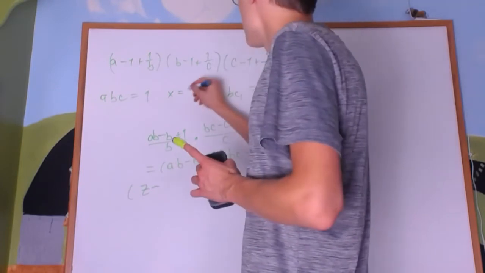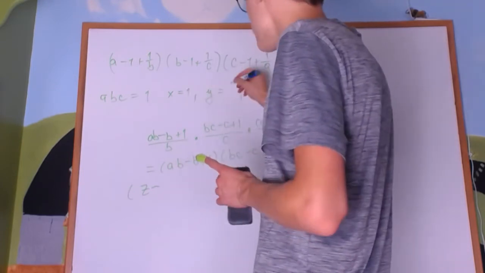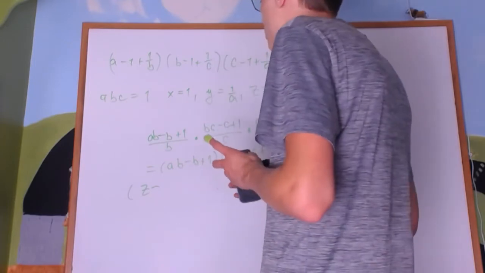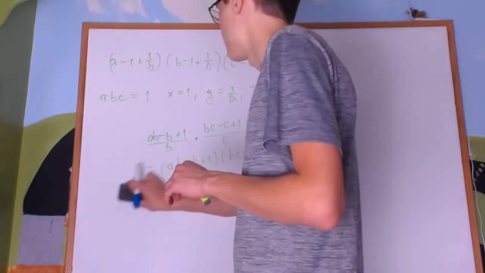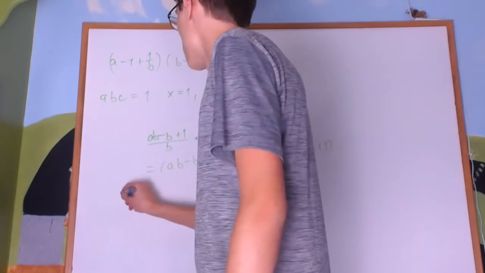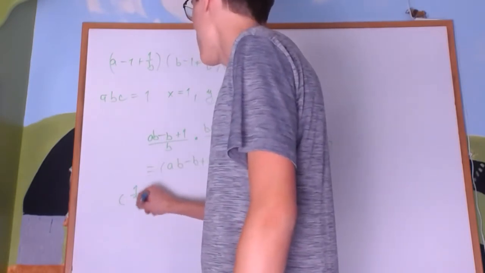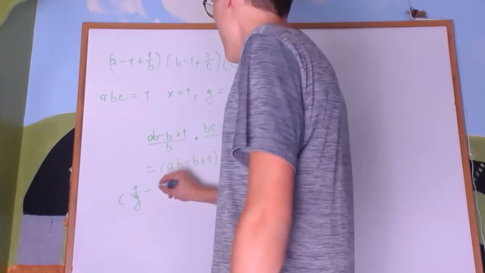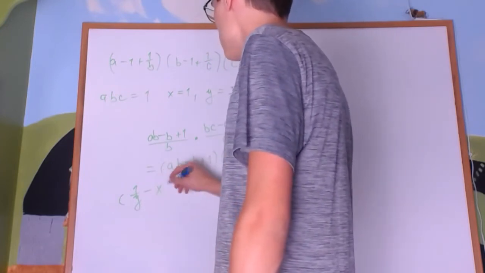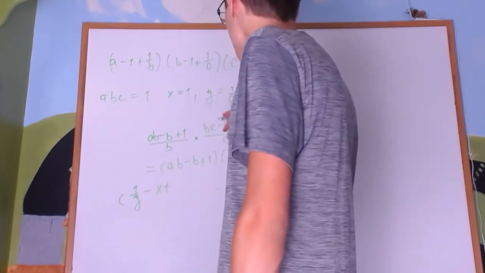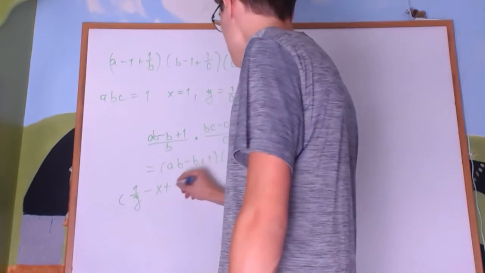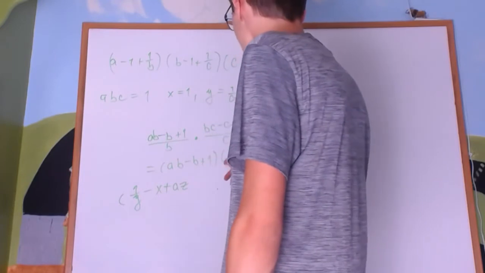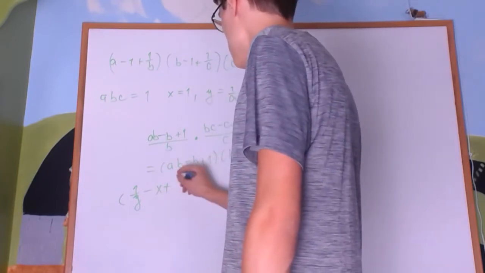Alright, if I go back to the original with your substitution, alright, I'm going to give you the benefit of the doubt. 1 over y minus x plus 1 over b is a times z. But a is 1 over y, so it's z over y.